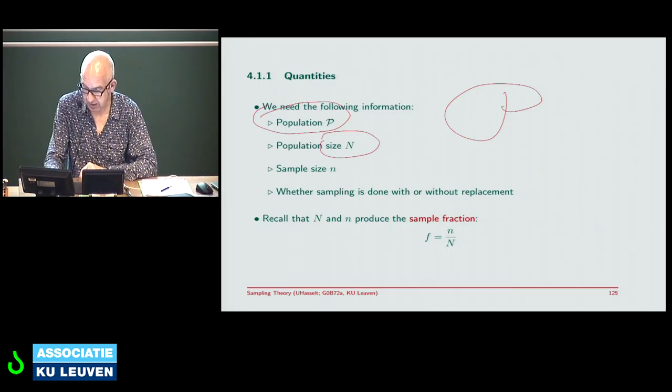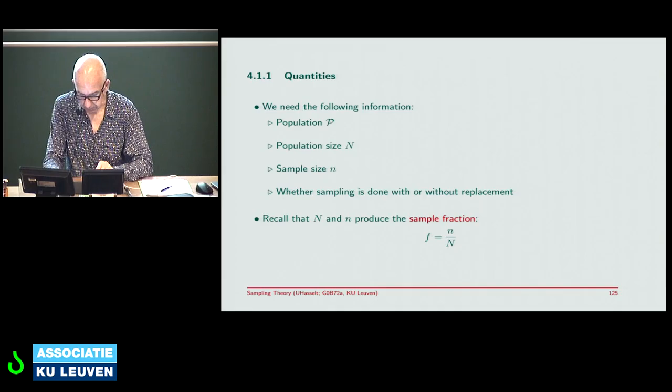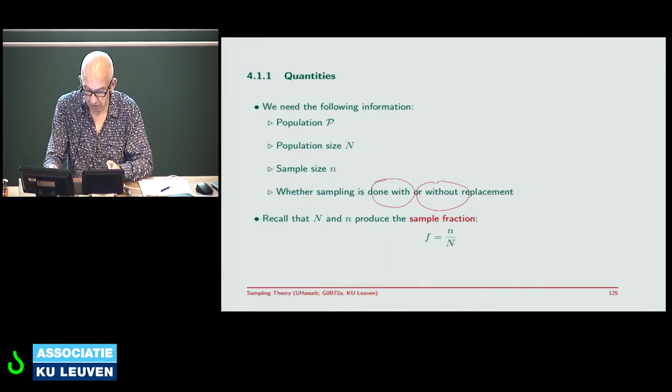The sample size is what we choose it to be, and from there we derive the sample fraction. That in itself is not fully defining it, but if we add either with or without replacement, then it's fully defined. So there is only one way of looking at simple random sampling.